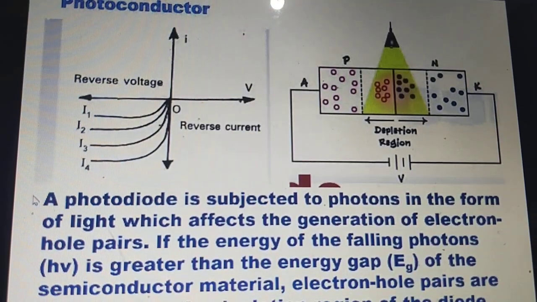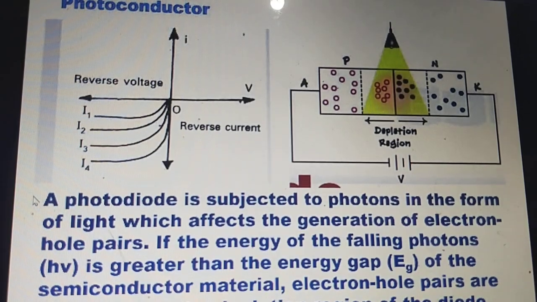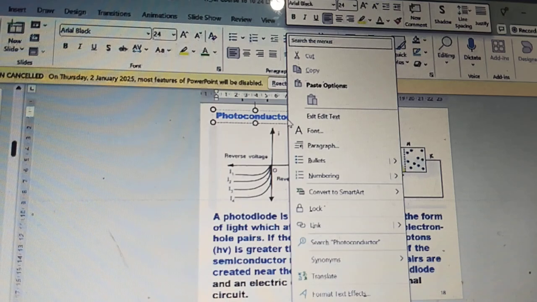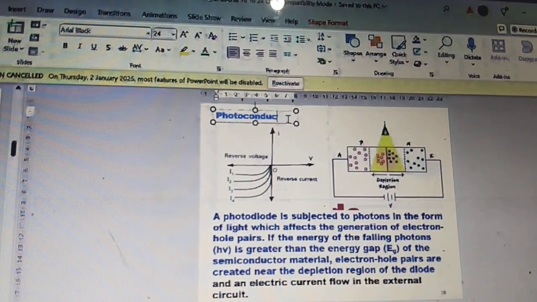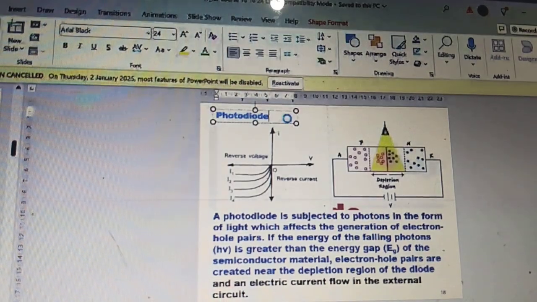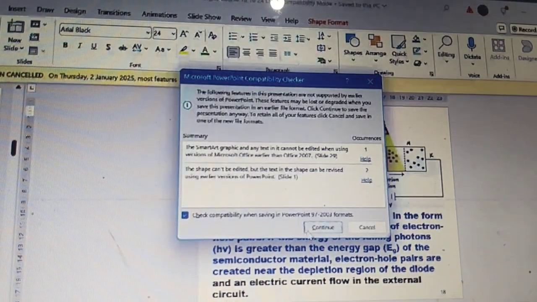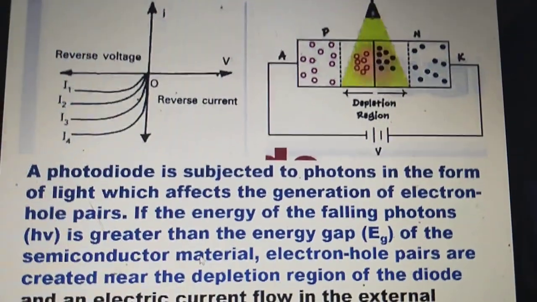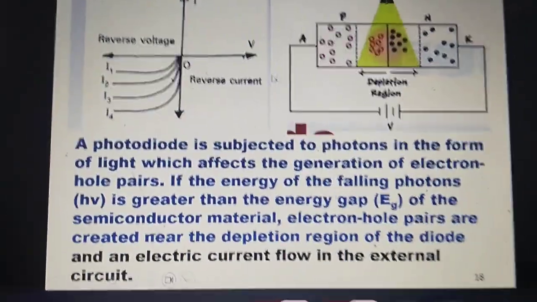The photodiode. A photodiode is a PN junction diode, of course.